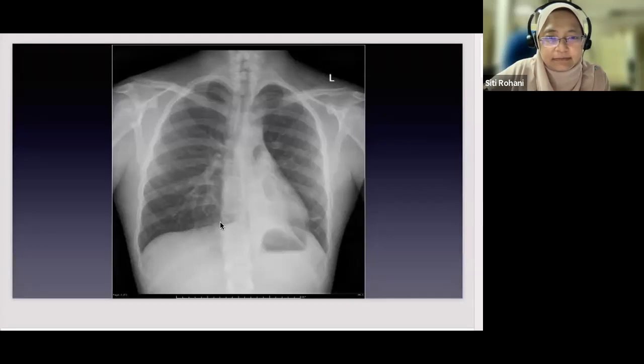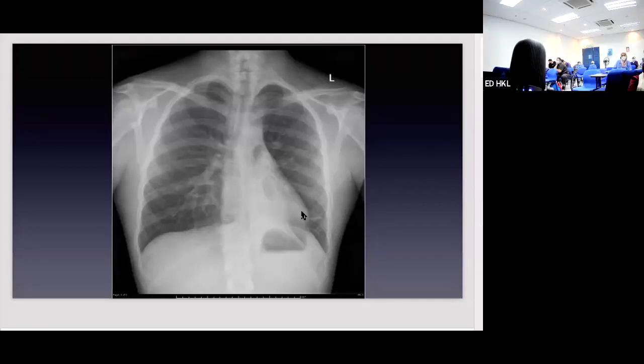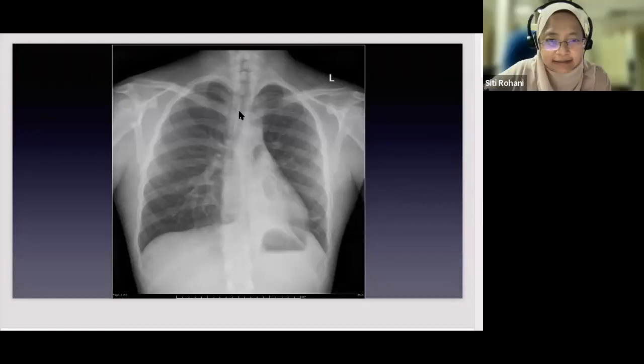Then next, the mediastinum, the heart, the cardiac. Is it in normal position, or do you think it's enlarged, or is it shifted to the right or to the left? Every patient has scoliosis. There is a bit of mild right scoliosis, but with mild scoliosis, sometimes the heart and mediastinum are still in the middle. But this one, we don't see the right heart border.